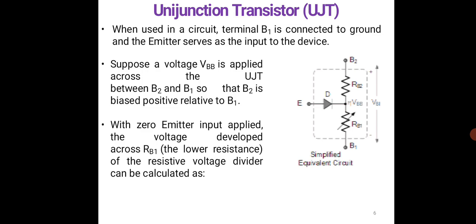Suppose a voltage VBB is applied across the UJT between the base terminals B1 and B2, so that B2 is biased positive relative to B1. Both will be positive, but B2 will be more positive. With zero emitter input applied, the voltage developed across RB1, which is the lower resistance of the resistive voltage divider, can be calculated.